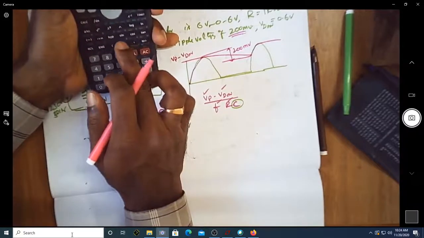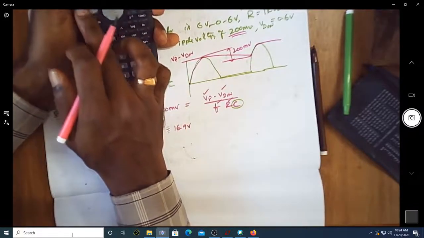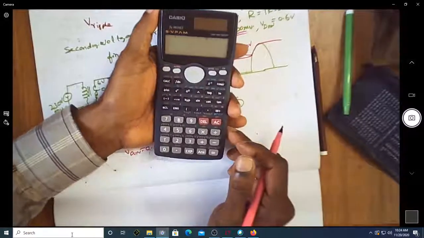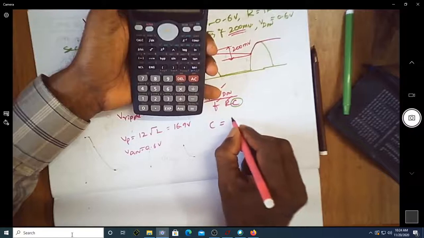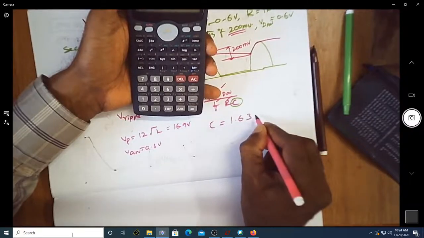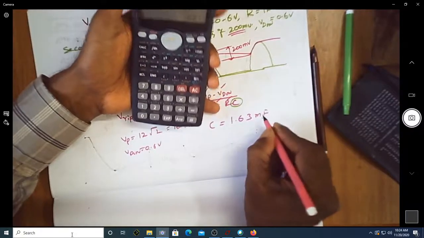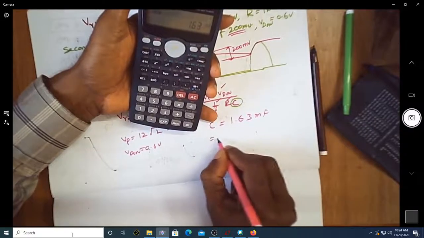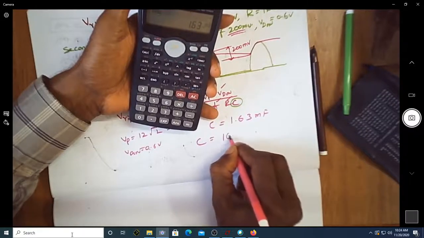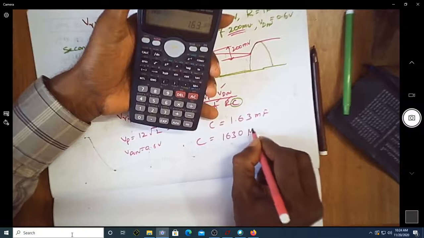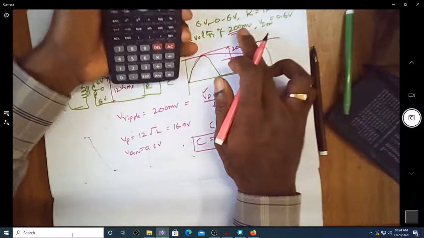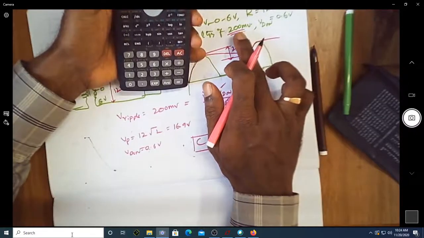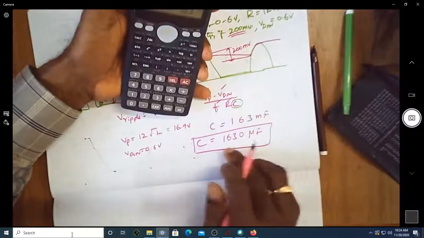That is the value of C. Using the calculator, I get the value of C directly. It is now 1.63 millifarad, or you can write it as C equal to 1630 microfarad.